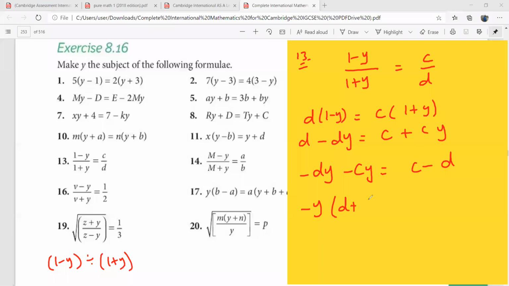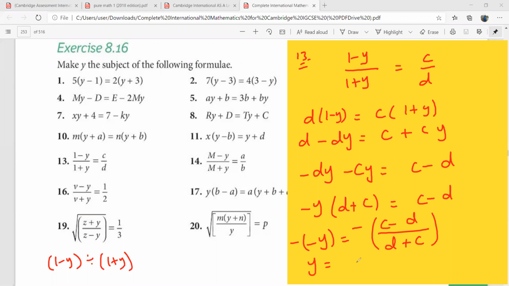This is d plus c left hand side. This is c minus d. So this minus y is going to be c minus d over d plus c. If you want to get rid of this minus, if you multiply this with minus and you multiply this with minus, so this will be y equal to d minus c over d plus c.